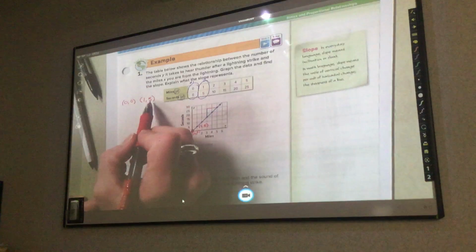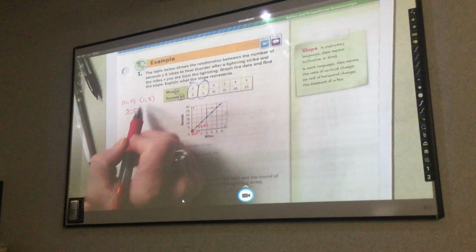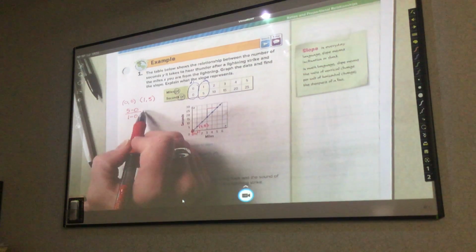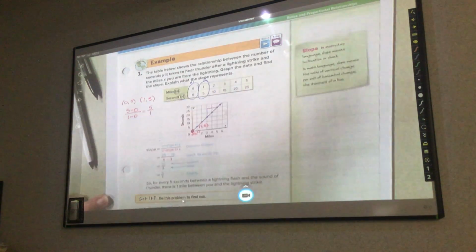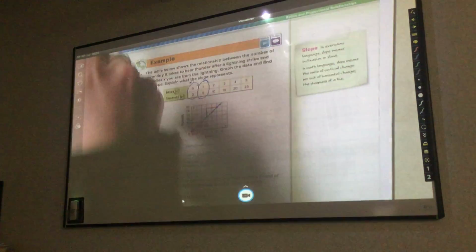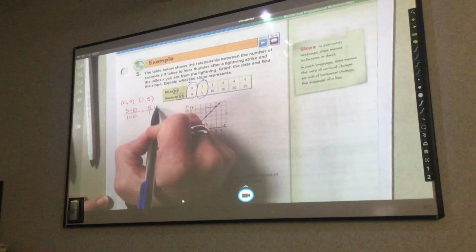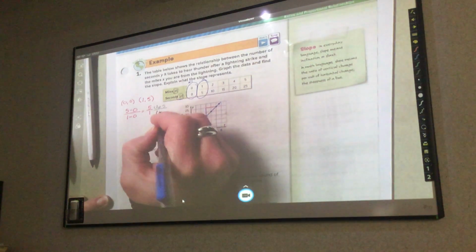So I go y2 is 5, minus y1 is 0, over x2 is 1, minus x1 is 0. So then I have 5 over 1. Keep it like that. So it means it goes up 5, and then right 1.